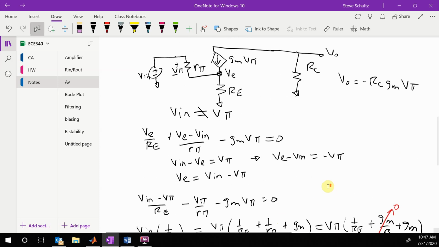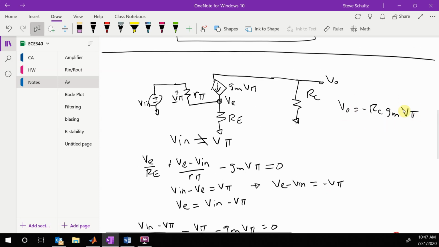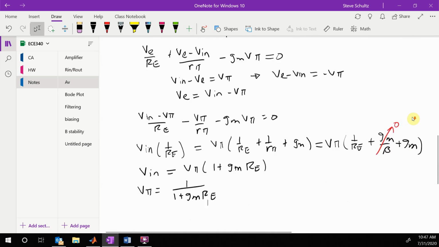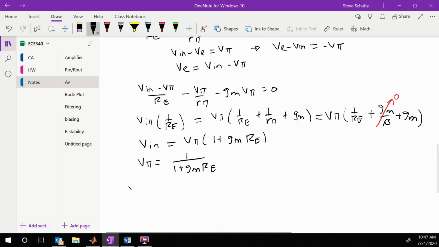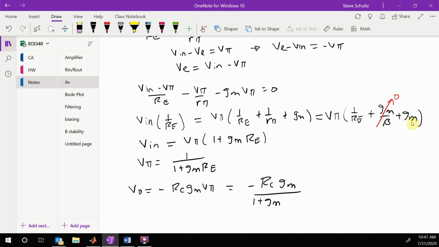And now we just come back to this part here, plug in for our V pi. So we have V out equals minus RC times GM times V pi, which is equal to minus RC GM over 1 plus GM RE.